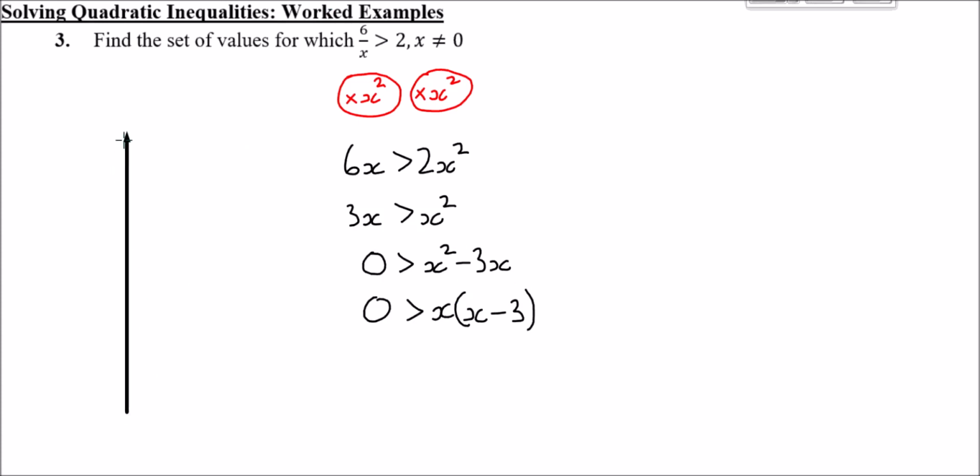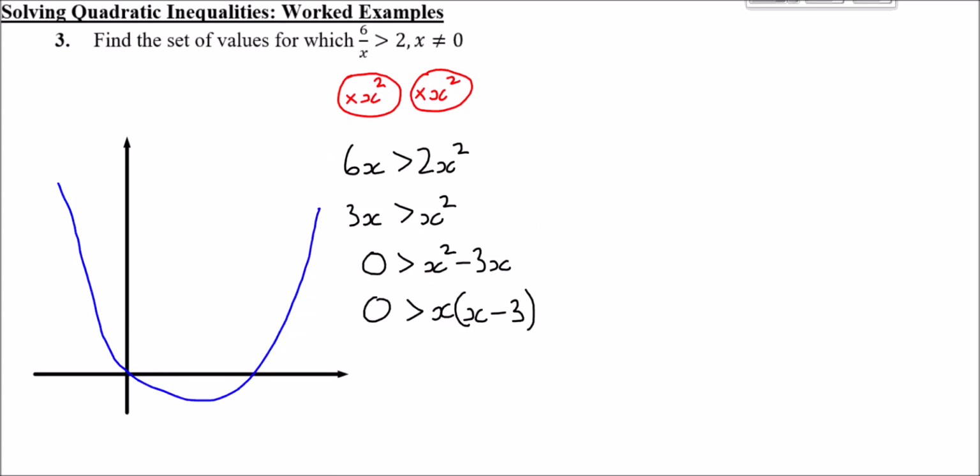We can now graph this easily enough, with a sketch at least. So this is going to have roots at 0 and positive 3. And more than that, it's going to be a positive quadratic because it's a positive x squared. And so a sketch of this one would look something like this. Going through at 0 and back up again, coming through at 3.